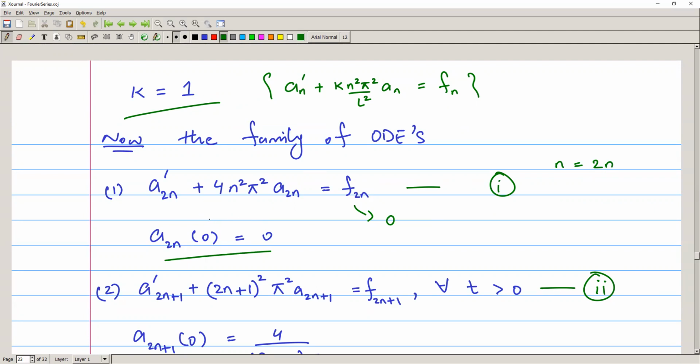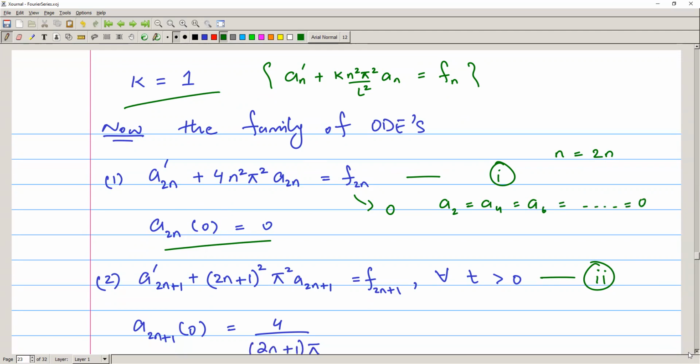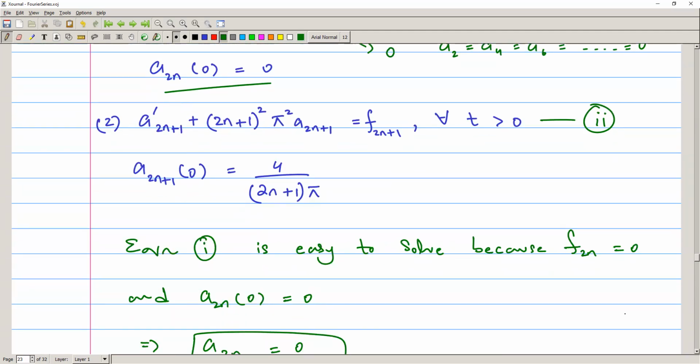Therefore, all these prime even a_n's will be 0, right? So this equation will always give a2 equals a4 equals a6 equals dot dot dot 0, right? And now we are going to use it for odds.